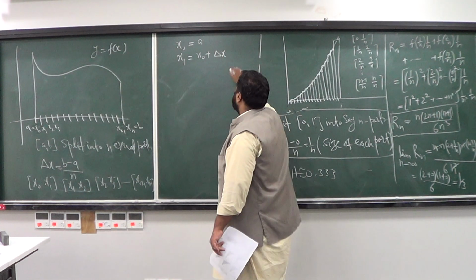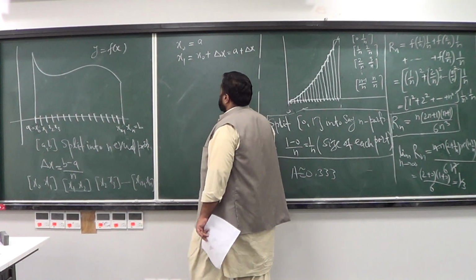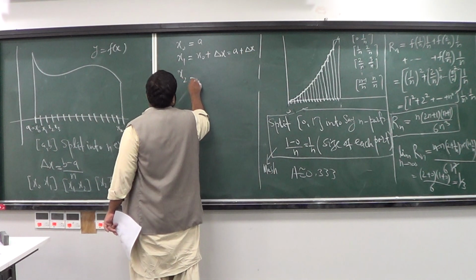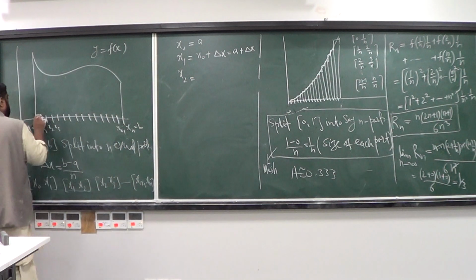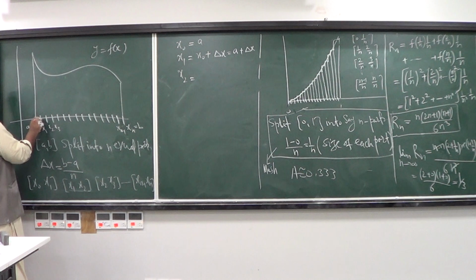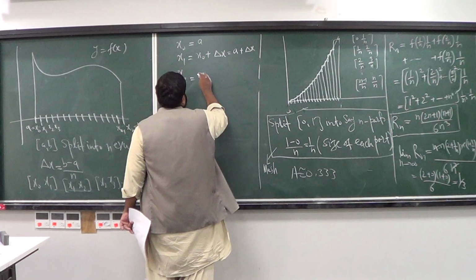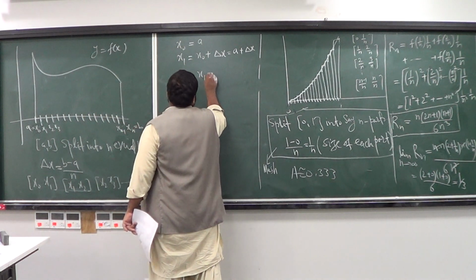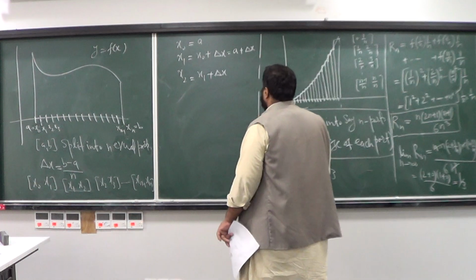In other words, A plus delta x. What would be x2? x2 is going to be, okay, take your x1 and add the length of the subinterval and reach x2. And what is the length of this subinterval? Again, delta x. So x2 is really x1 plus delta x.